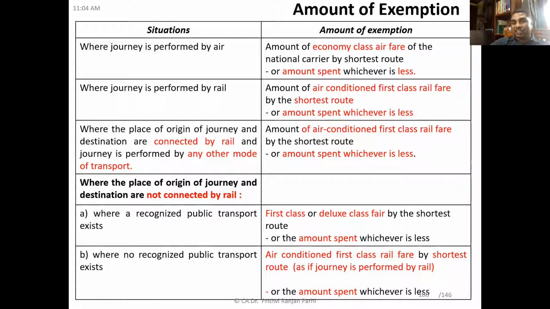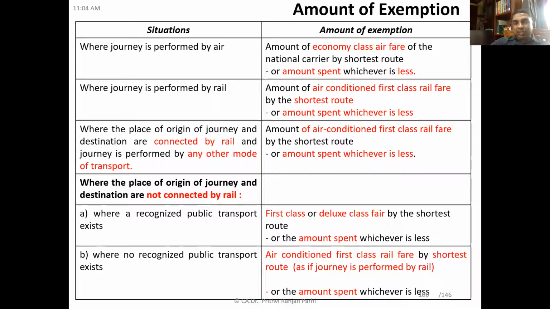That is not the shortest route. Right. And where journey is performed by rail, again, the amount of air conditioned first class rail fare by the shortest route or the amount spent, whichever is less. So first class AC fare or the amount spent, whichever is less, will be exempt.